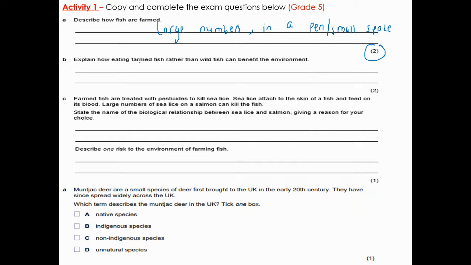Explain how eating farm fish rather than wild fish can benefit the environment, because what's it doing? It's reducing wild fishing. And what can wild fishing do, boys and girls? Which affects biodiversity.